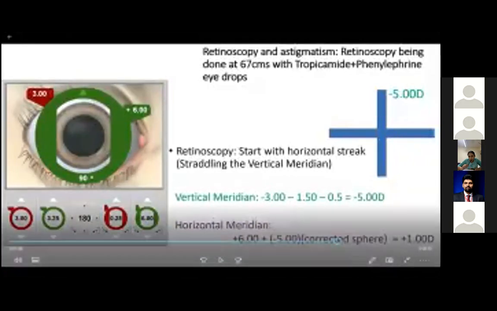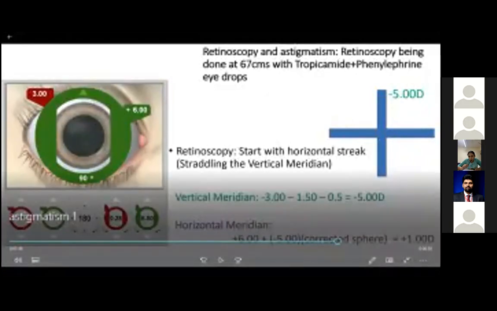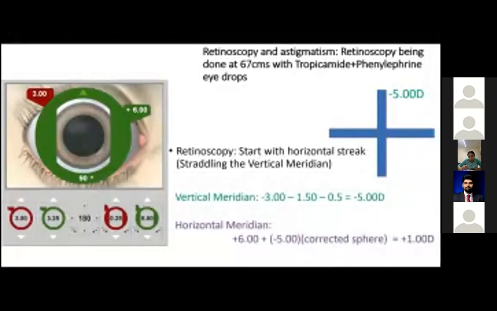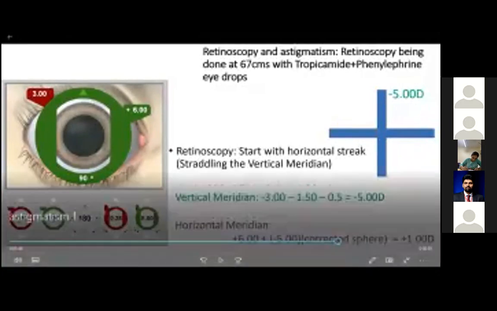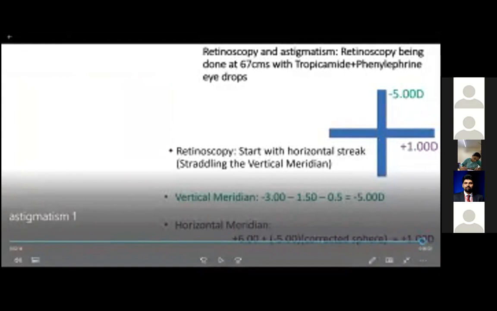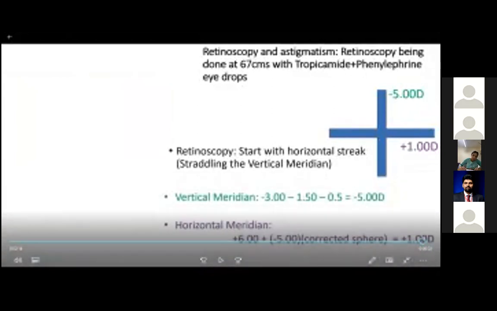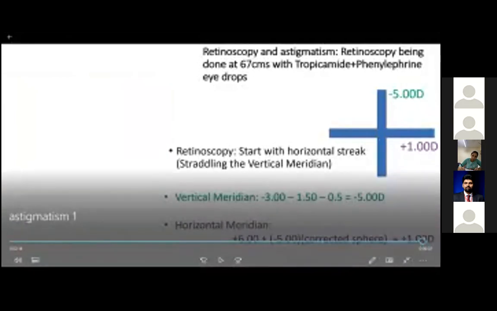So +6 plus -5, my horizontal meridian is +1 diopter, and I will write the +1 diopter on the horizontal meridian of my retinoscopy cross. This is how you deduce the retinoscopy cross from your retinoscopy reading.